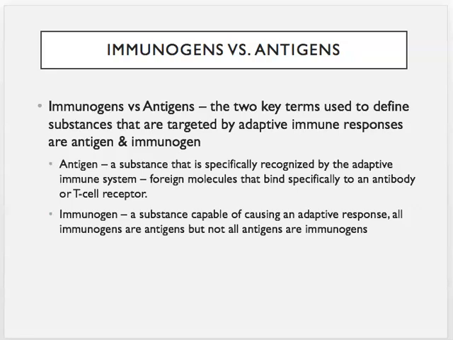An antigen is a substance that is specifically recognized by the adaptive immune system. So it's this foreign molecule that binds specifically to an antibody or a T cell receptor. I always think about antigens as being kind of like a cell surface marker, like a little name tag or a flag on the cell that identifies it.